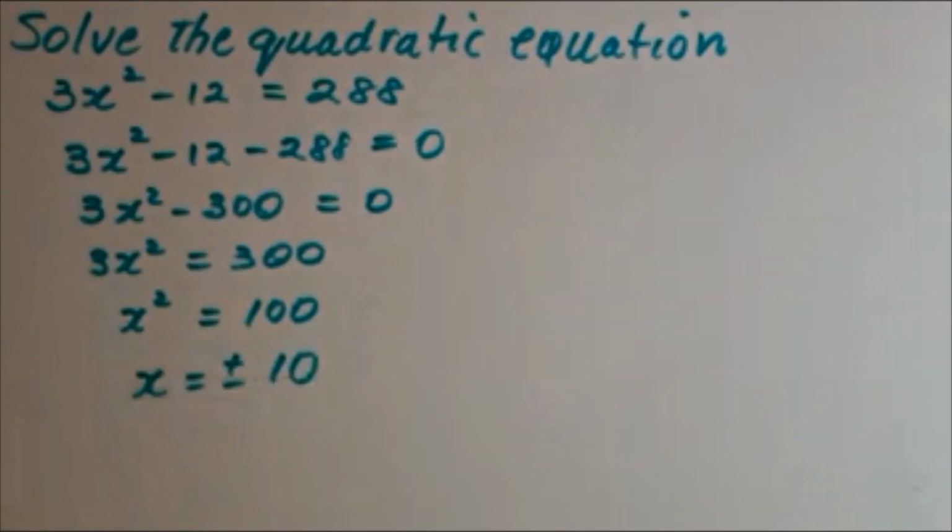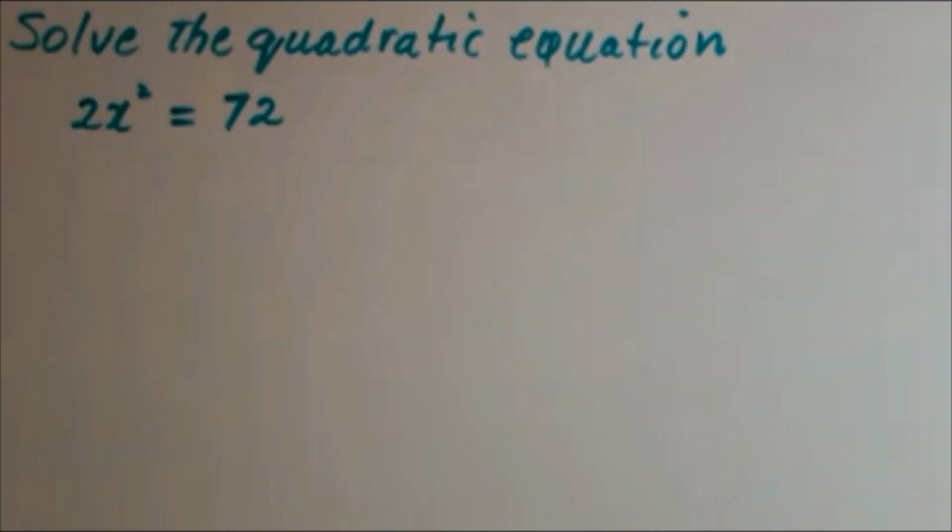Be careful, both values are valid solutions. In fact, just looking at the equation, because it's a quadratic, it has two solutions, and so don't forget to include both positive and negative in your solution.